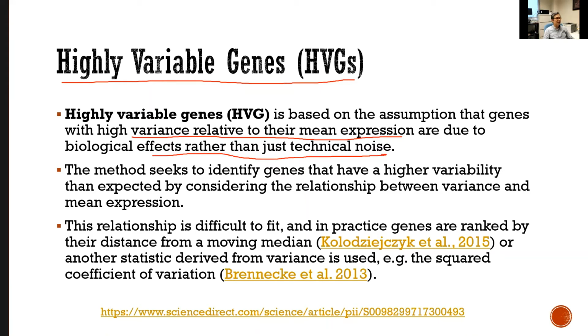This method seeks to identify genes that have a higher variability than expected by considering the relationship between variance and the mean expression. Okay, so there are different ways to do it. That's the concept we are going to introduce.